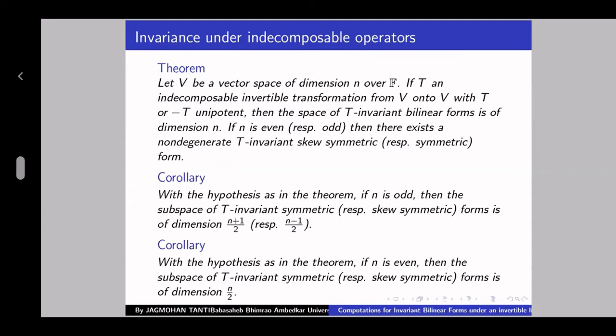We are saying that if n is odd, then the space of T-invariant symmetric forms is of dimension n plus 1 by 2, and under the same condition on n, the dimension of skew symmetric forms is n minus 1 by 2. Similar type of result we have obtained if n is even. Here the dimension is n by 2.